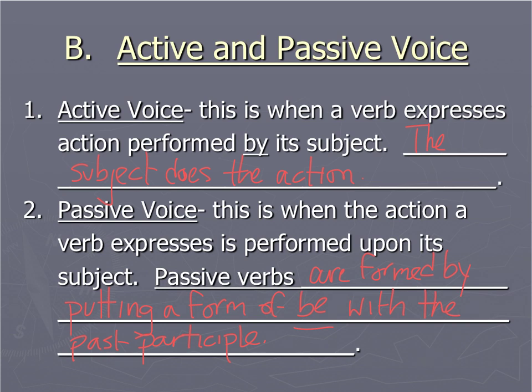Okay? So passive voice verbs, the action is performed upon the subject. You're always going to see a form of be in the past participle. All right, active voice, the subject is doing the action.